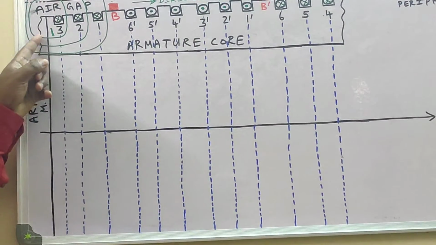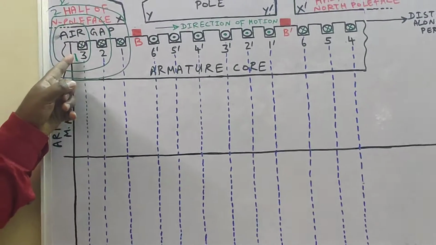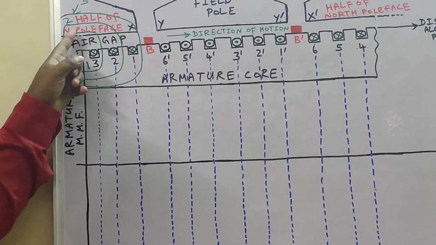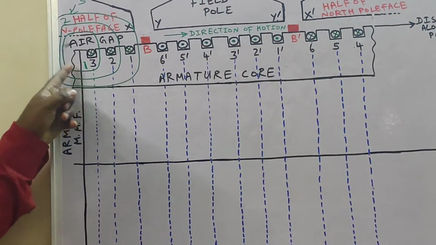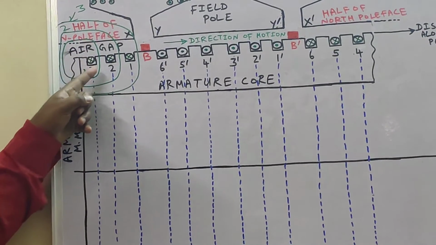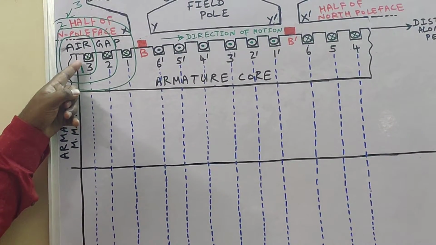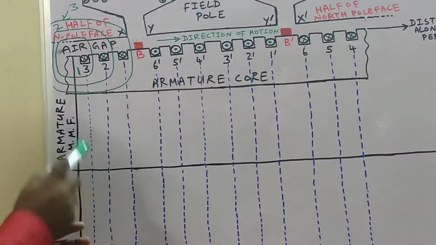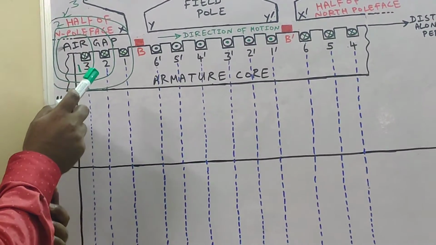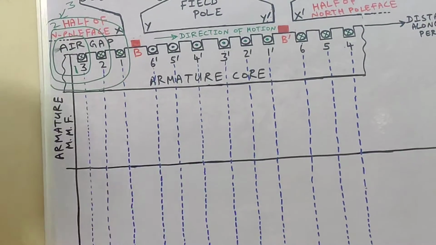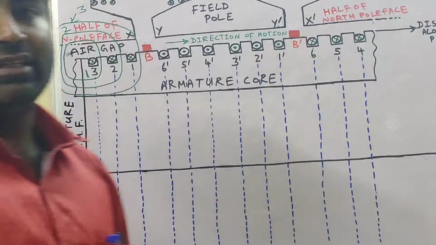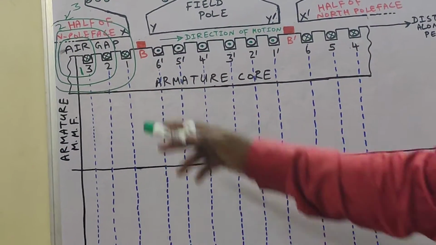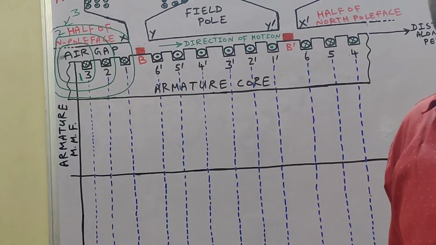So in path number 1, which slot is encircled? Path number 1 is encircling slot number 3 only. So what is the MMF acting? It is the current enclosed in path number 1. How much current is enclosed? The current carried by the conductors placed in slot number 3. Let's say n conductors are placed in slot number 3.